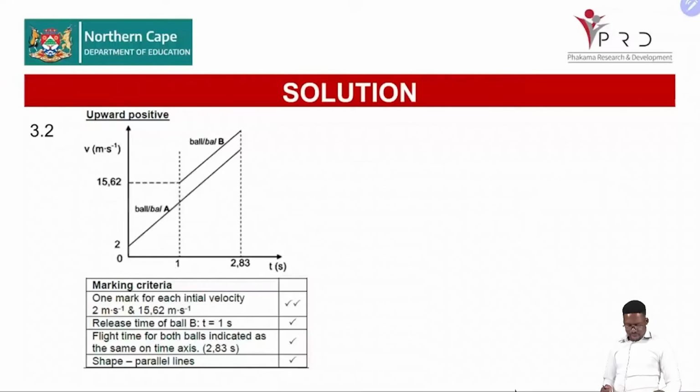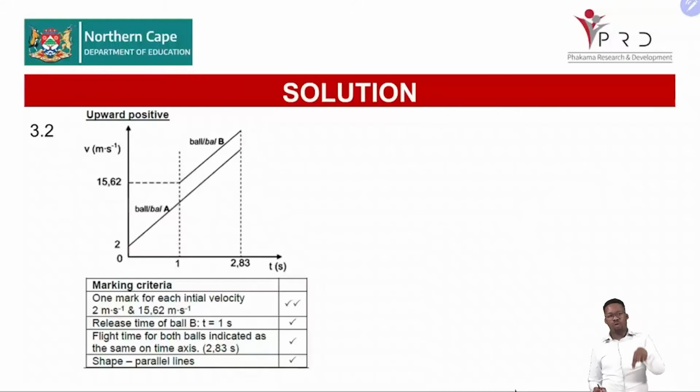Then the graph, you must have the graph for ball A. You know, ball A was thrown vertically downwards. So when you throw something vertically downwards, the velocity increases, and it does not start from 0. We do not drop, we threw. So the initial velocity is 2.